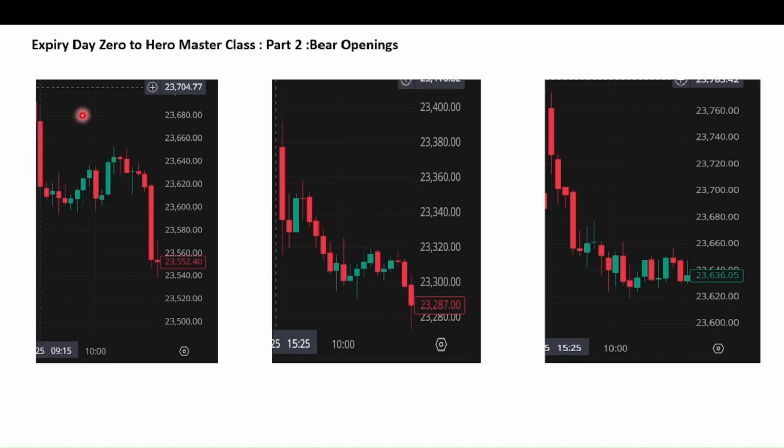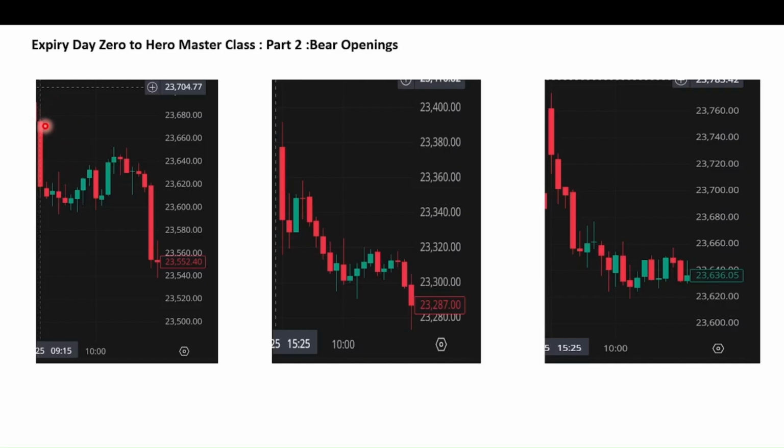So I have taken screenshots of the charts, how they look by 10:50 a.m. on these expiry days. If by 10:50 the Nifty 50 price is lower than the open price, I classify them as bear openings. Otherwise, if the price is higher than the open price, I classify them as bull openings.